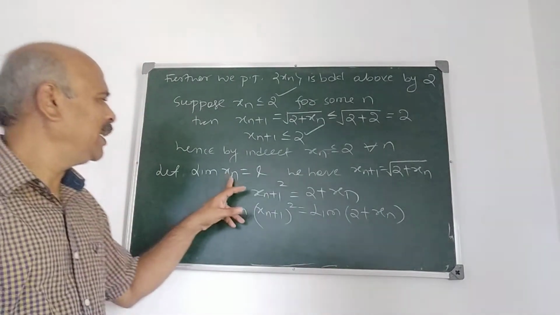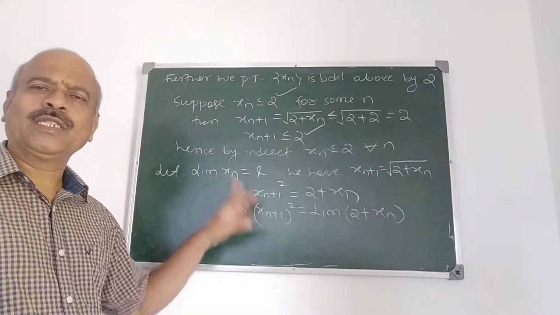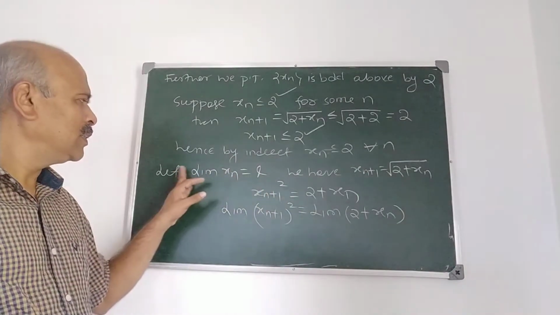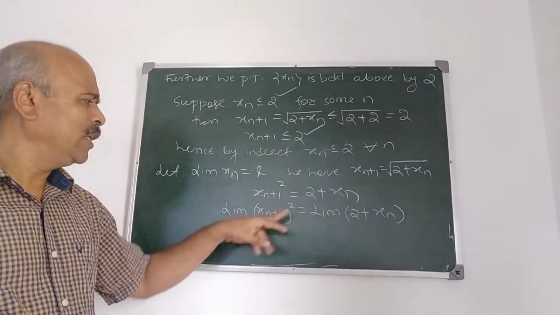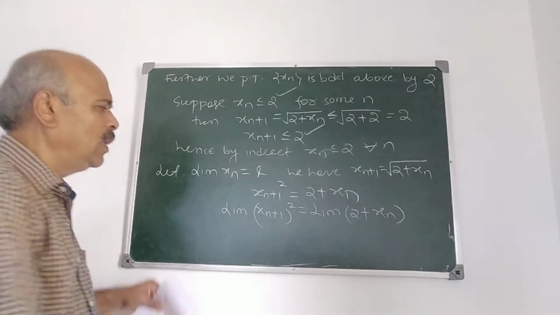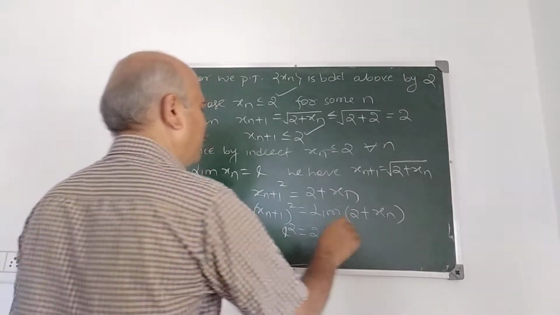We have assumed that limit xn is L. What do you mean by xn+1? This is also L, because xn tends to L means xn+1, xn+2, xn+3 all tend to L. Therefore, L squared is 2 plus L.